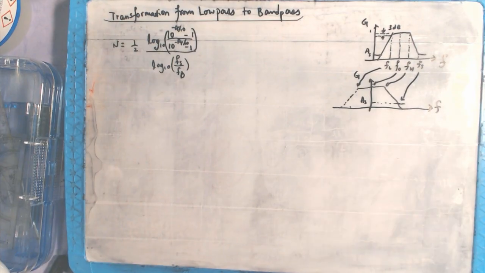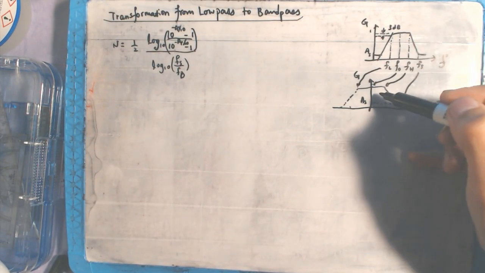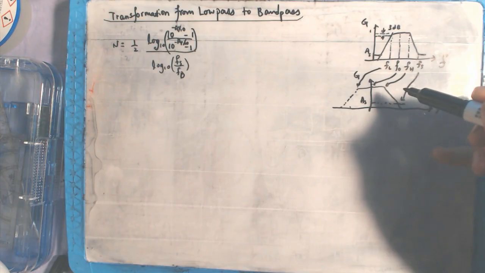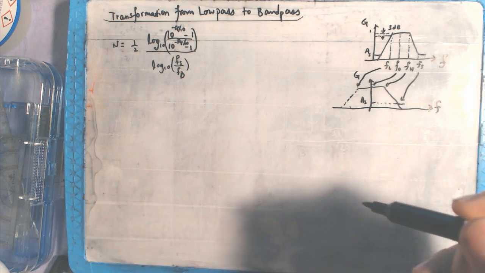The process of mapping, the process of downscaling the frequency to the scale of the low pass filter, requires a conversion. The formula for the conversion is here.